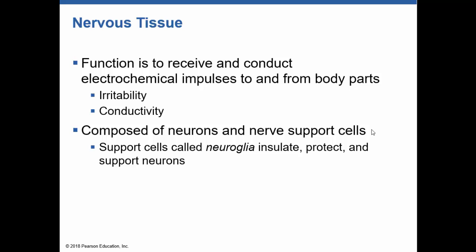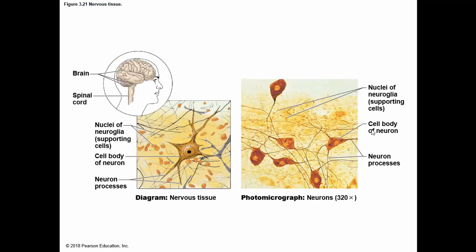These are composed of neurons and nerve support cells. You may hear of neuroglia. I'm not going to go into great detail with these, okay? Right now, just remember the basic idea that the nervous tissue is all about receiving and conducting impulses. And this is a type of communication through the body. We see this with the brain, with the spinal cord, and then with nerves that extend out from that.